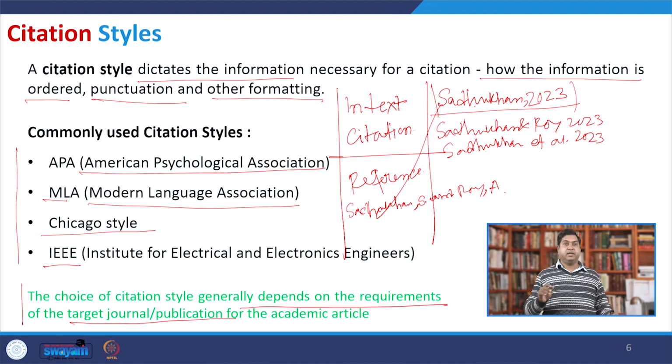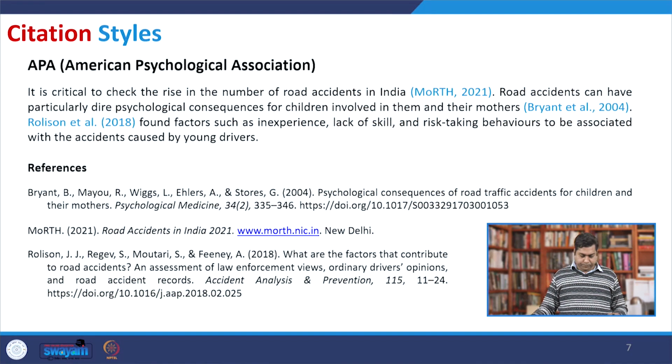The number should be the same. Doing it manually is very time-consuming, and there is also a probability of mistakes. To avoid that, we can definitely take help of a referencing manager.